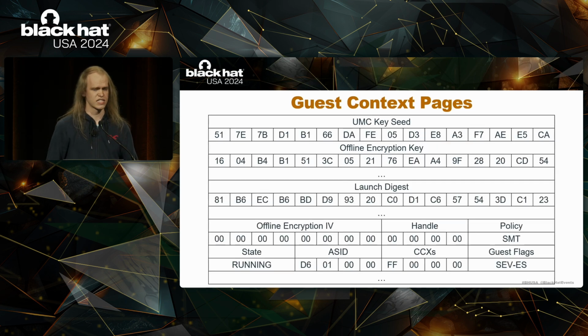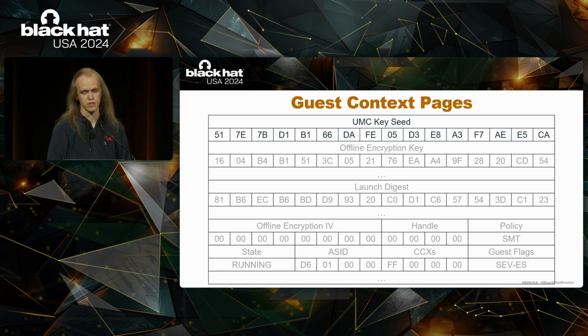Okay, so let's actually take a look at some of the fields contained in such a guest context page. As I already told you, there's a lot of crypto stuff in there, some states and some flags. But for now, we'll just focus on one of the fields, which happens to be the very first field, and that is the UMC context seed.